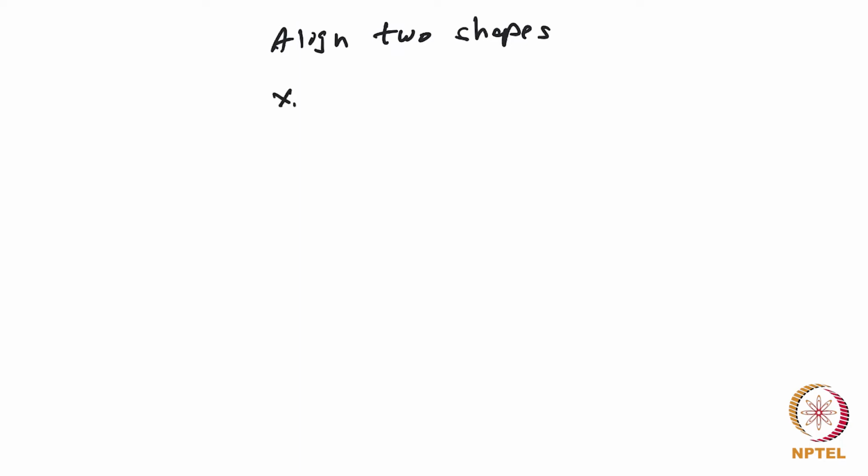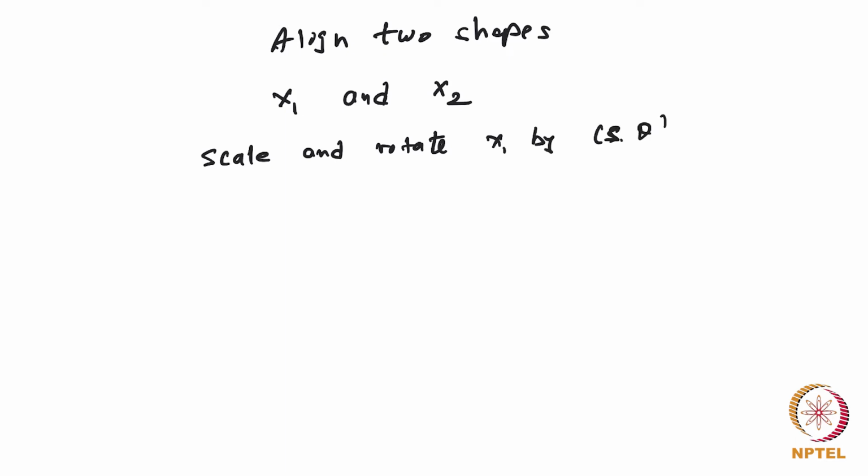We have two shapes x1 and x2, and we want to scale and rotate x1 by s comma theta. And how do we estimate this s and theta? It's by minimizing this loss function, s A x1 minus x2 squared. Okay, so A is the rotation matrix.